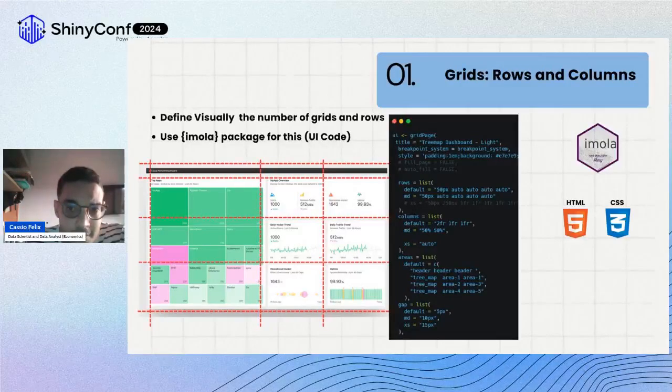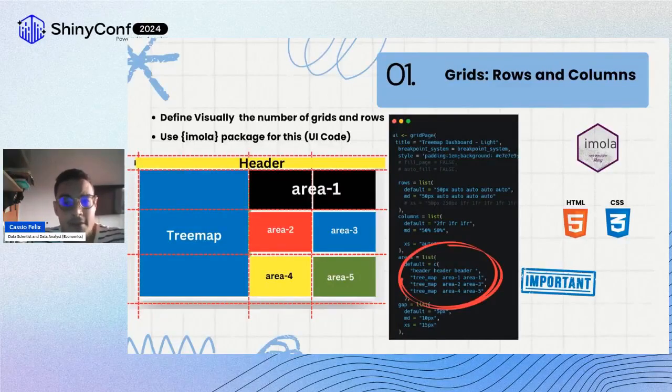We start with a grid page function, and we define some important arguments. The most important arguments for me are the rows and columns arguments that define the size of our columns and rows. And as you can see, we can use pixels and other units to set the size of our columns and rows. But the most important argument for this moment is the areas argument.